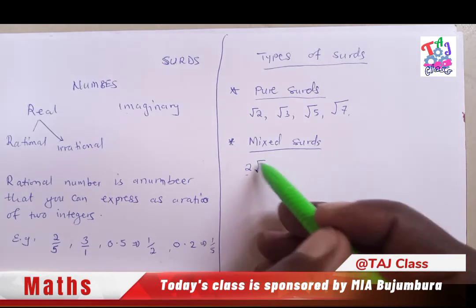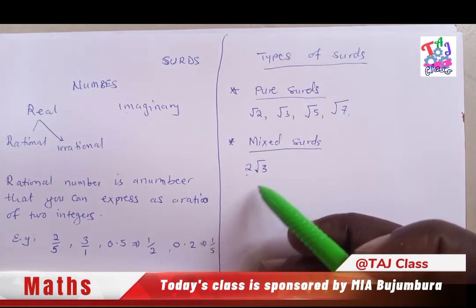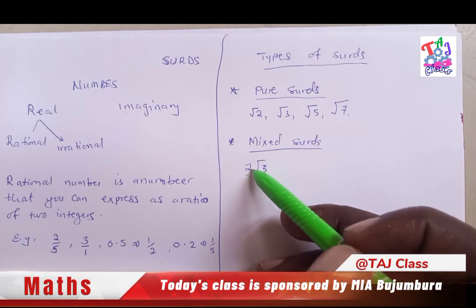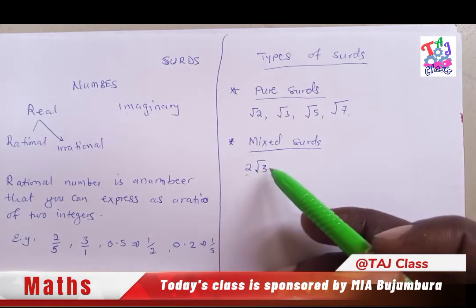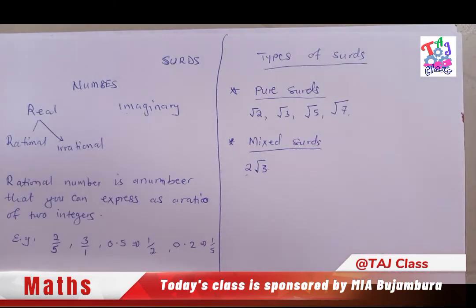So this one becomes a mixed surd, for it has gotten 2 rationals, one of them which is a whole number and the other one being an irrational. So that one makes that to be a mixed surd.